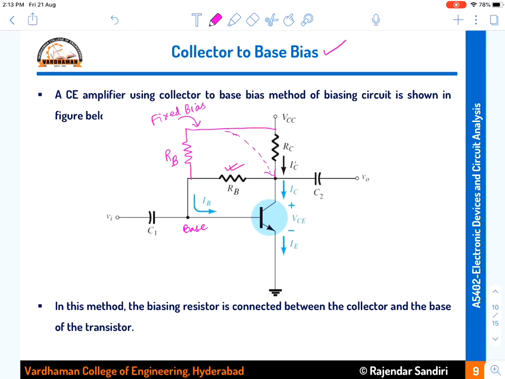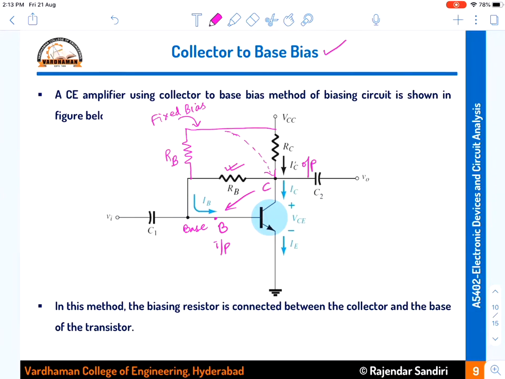So in the fixed bias circuit, the RB resistor is connected between the supply voltage VCC and the base. Now the modification that I am making is that this resistor RB, instead of being connected between VCC and base, is connected between collector and base. The base is the input and the collector is the output.